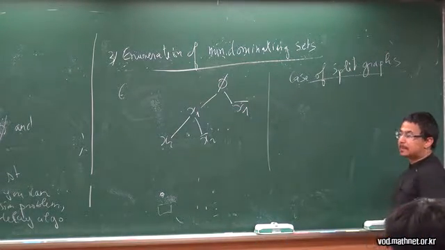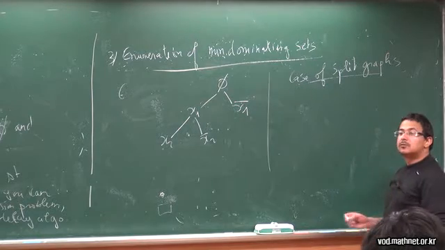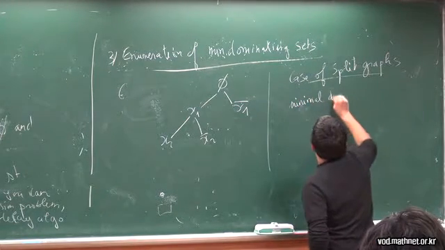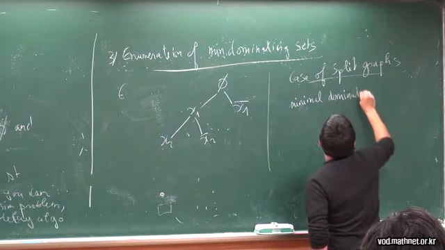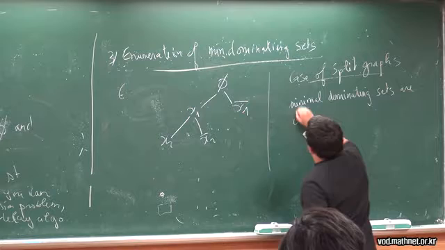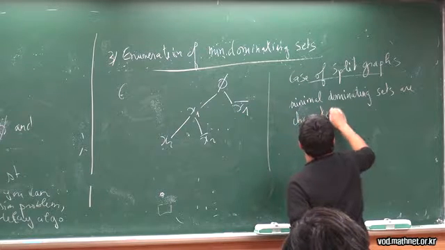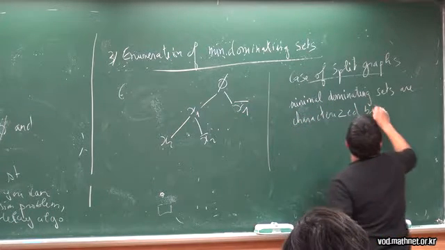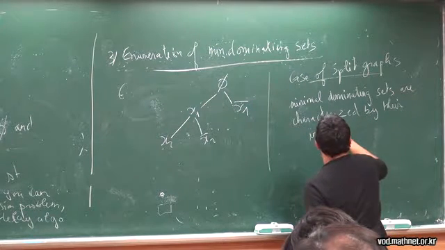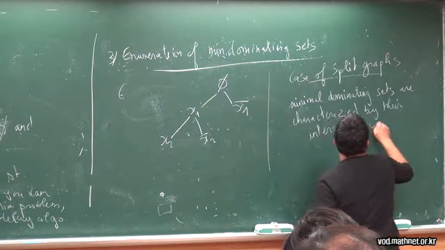Now, in the case of split graphs, minimal dominating sets are characterized by their intersection with a clique.